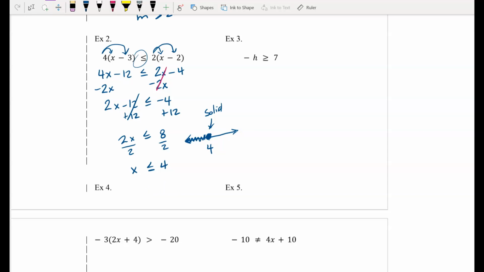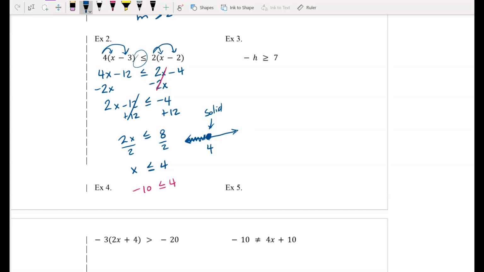If I had picked negative 10, which is a number to the left of 4, definitely in the shaded area, less than or equal to 4, then that would give me a true statement. So I know that I want to shade on that side. So it's really easy to pick a number and check if you're confused about which side to shade on.